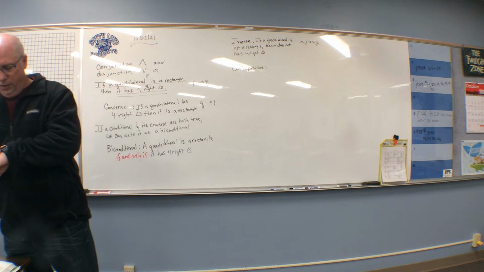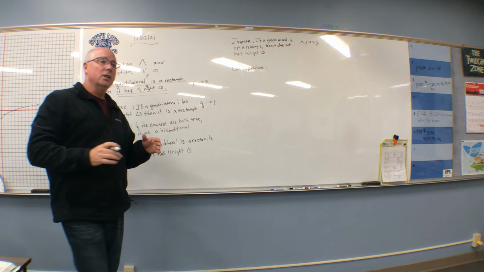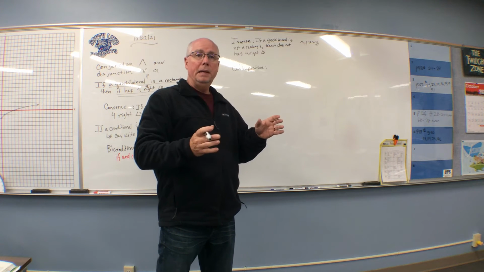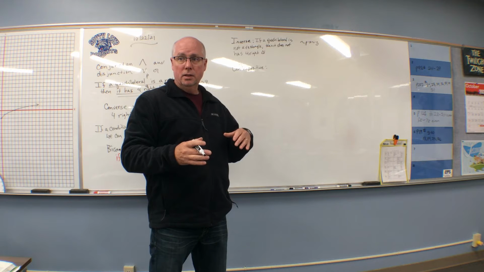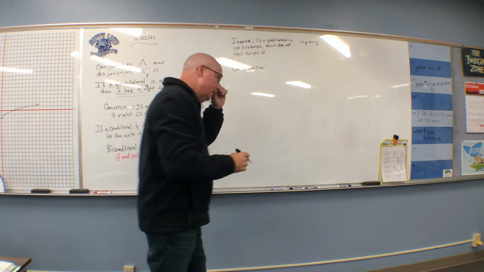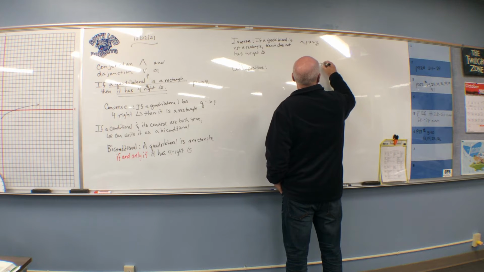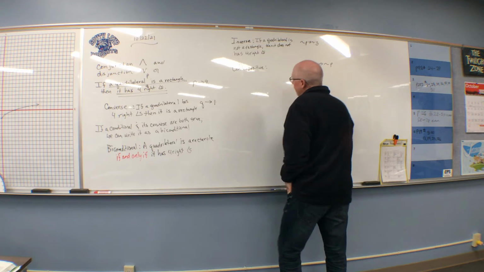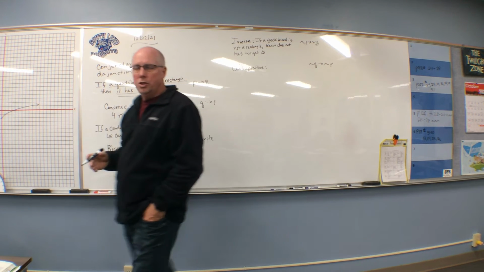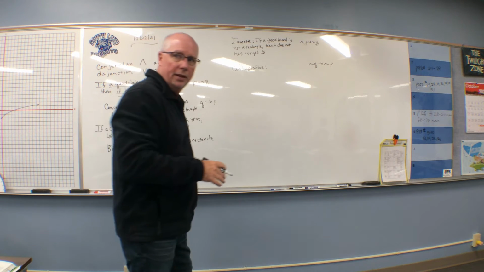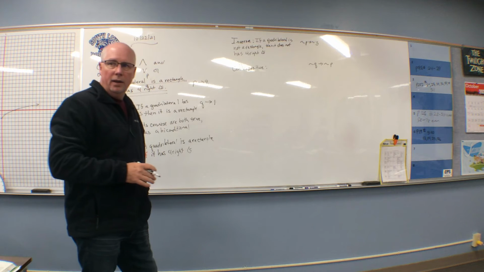Now the contrapositive flips them, P and Q, and makes them negated. Okay? Stay with me there, Harp. So it says not Q, then not P. So it takes the conclusion, says not, and then the hypothesis, then not. Yes. So you flip them and then you do the not.